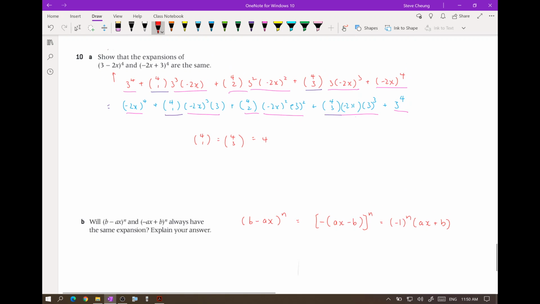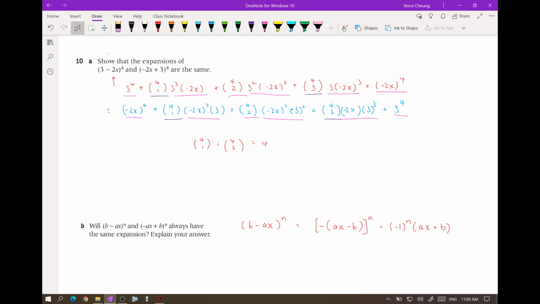plus, why did they say this? B minus ax is, hold on a minute.